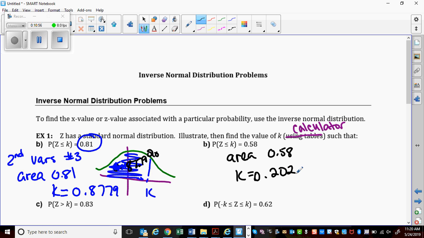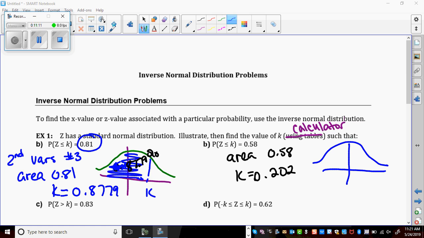This means that your k value is 0.202. If k is right here, and this shaded area underneath the curve is 58%, then this value k is 0.202.